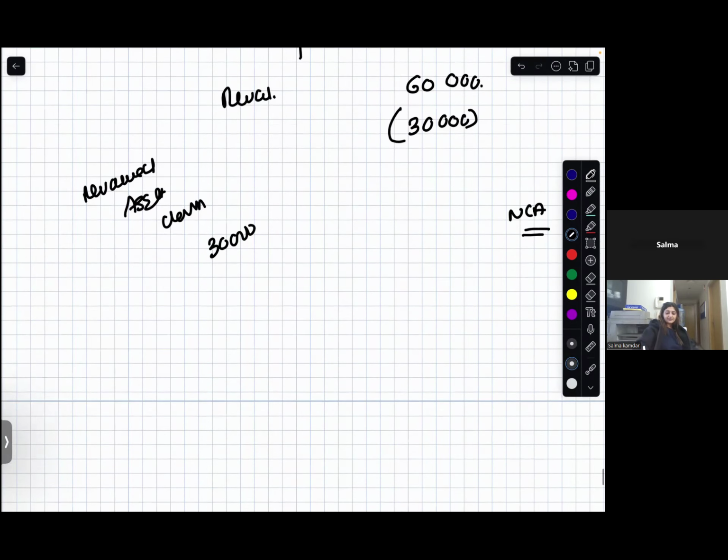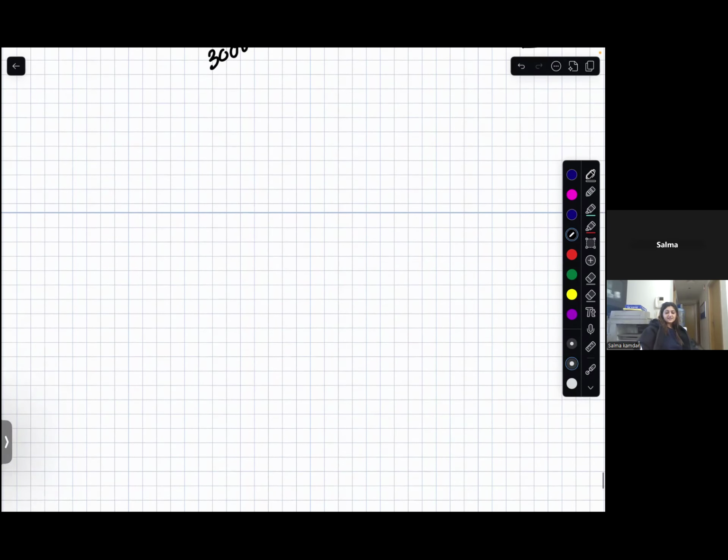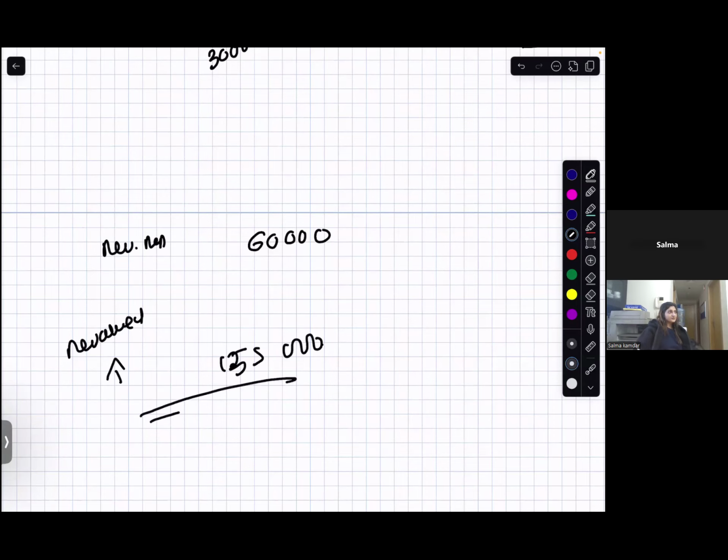I have another case. I have 60,000 in my revaluation reserve. I have revalued my asset upwards by 155,000. What will I do? I will add 155,000 to the revaluation reserve and I will increase my non-current asset by 155,000.